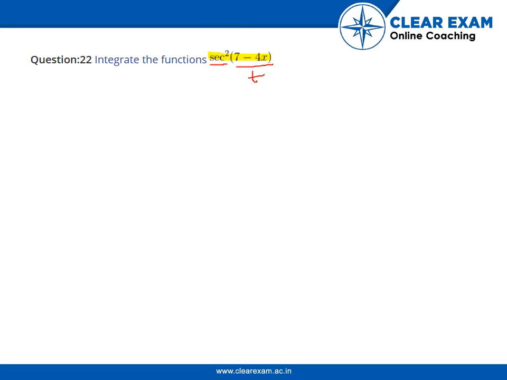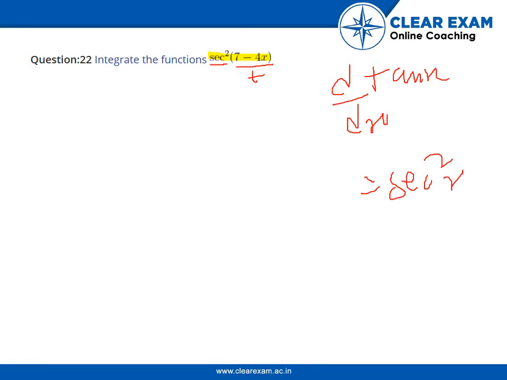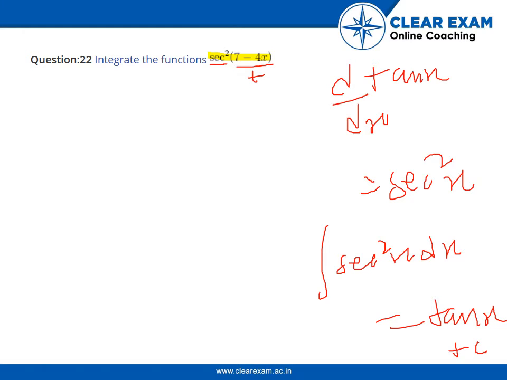What I am saying can be written as: derivative of tan x is equal to sec square x, and the inverse, that is integration of sec square x dx, is equal to tan x plus c.